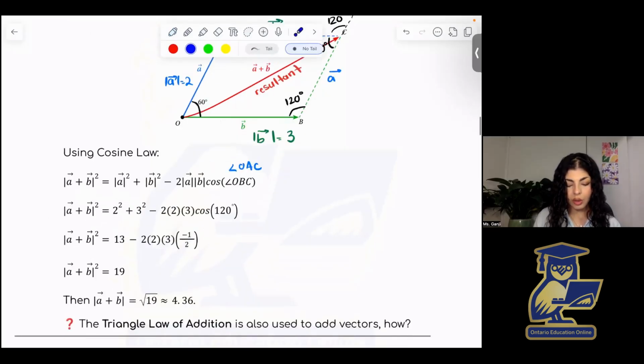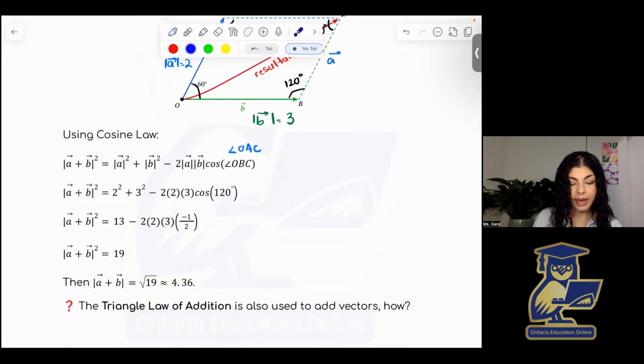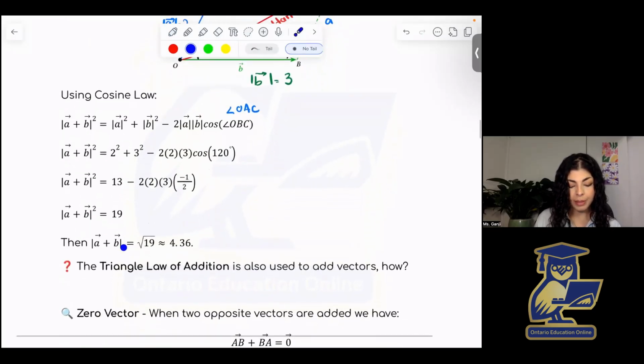Now just solving this through, this was an easy angle, so the cosine is just negative half. Then the magnitude of A plus B squared is 19. Taking the square root, we do have to have a positive value for the magnitude. So A plus B is the positive square root of 19, which is approximately 4.36.